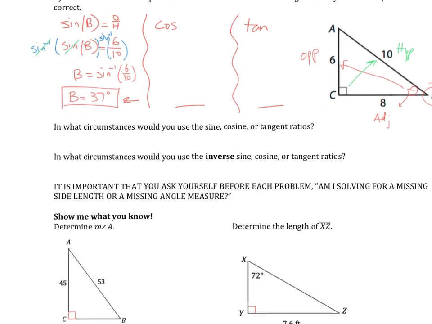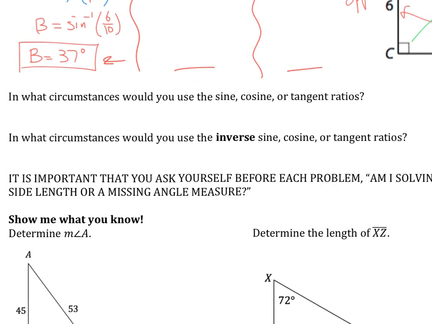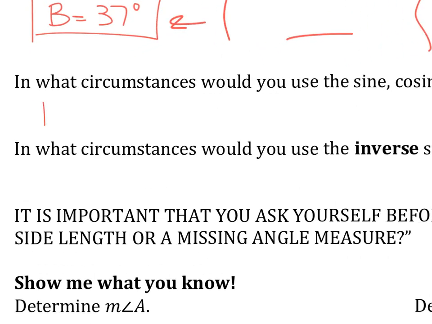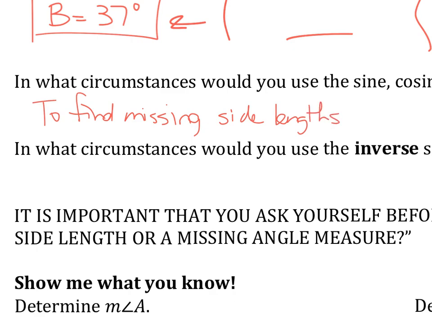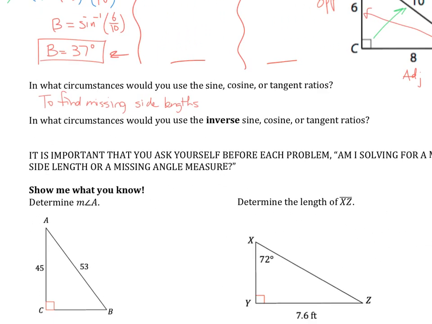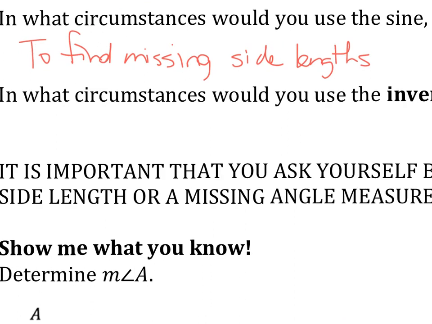So in what circumstances would we use the sine, cosine, and tangent ratios to find missing side lengths? And when would we use the inverse ratios to find missing angle measures?